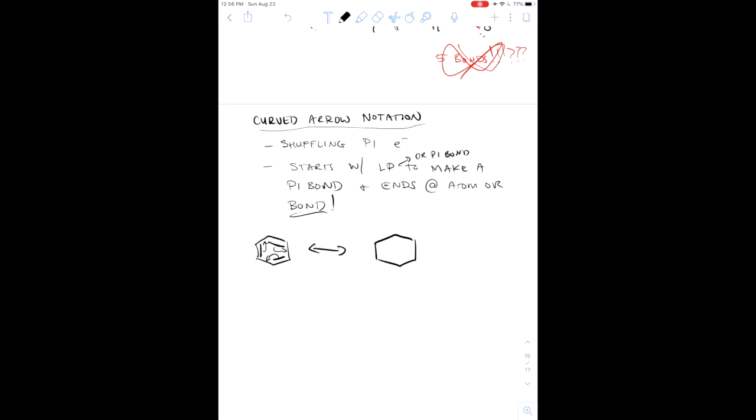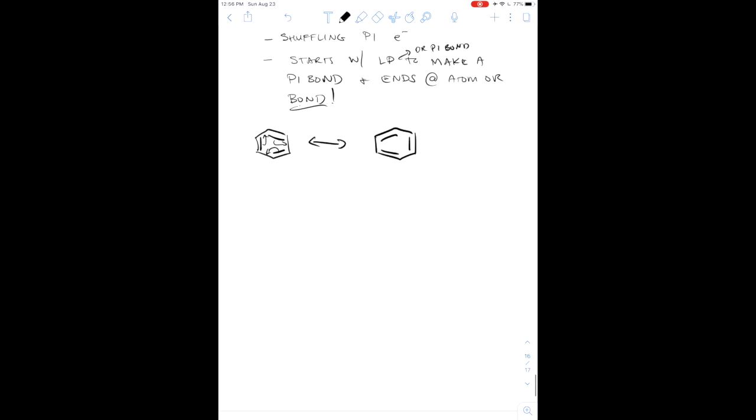For example, benzene, this one right here: if we shuffle those pi bonds around, we can get a different resonance structure of benzene with a different arrangement of the electrons, okay? Both of these are acceptable and equal. Here's another example.